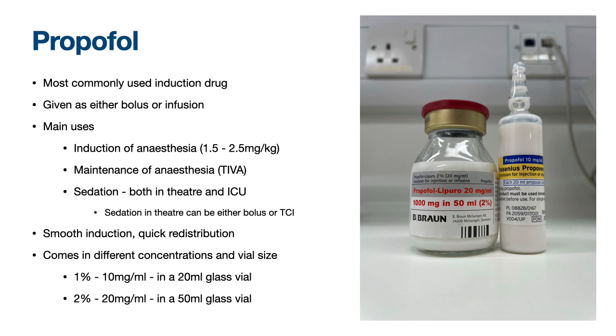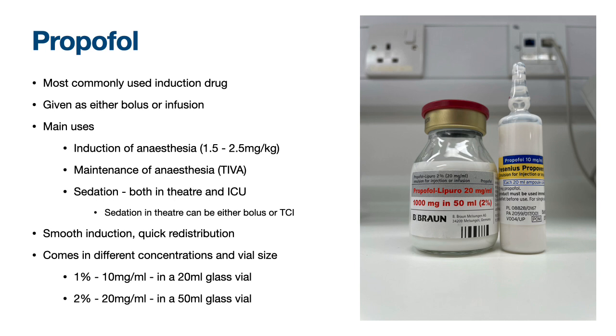There are huge variations on that dose depending on what other drugs you might be using to put the patient off to sleep, such as an opiate, so alfentanil, fentanyl, remifentanil. It can also depend on the patient themselves. Whilst you might get an elderly patient weighing 70 kilos, you would give a very different dose to them as compared to a 70 kilo 21-year-old.